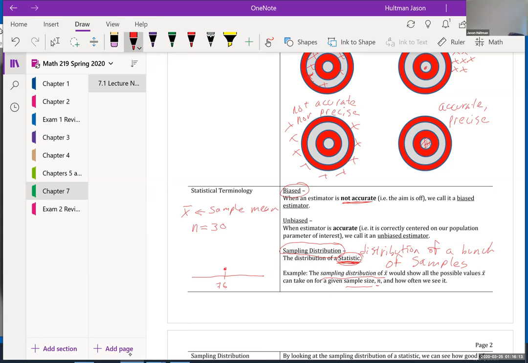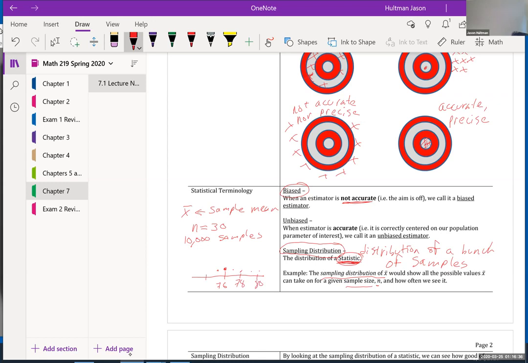But when we run this over and over again, say we take 10,000 samples, then we might get a dot here, a dot here, a dot here. Maybe this is 78, maybe this is 80.